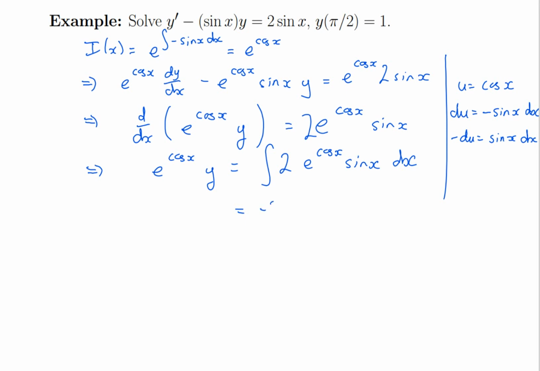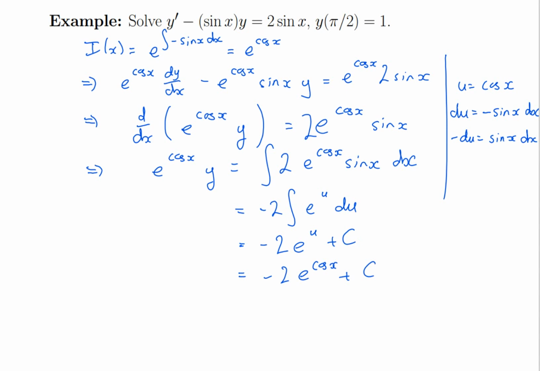I get minus 2 integral e to the u du. That's minus 2 e to the u plus c. That is minus 2 e to the cos x plus c. And I'm done. I found the implicit solution.